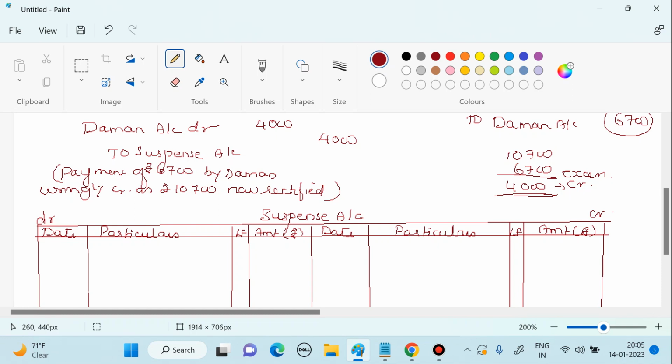So we have to write the balance of the suspense account as on March 31st, 2022, to difference in trial balance, 14,930 here, and then whatever journal entries you passed, start looking at them.